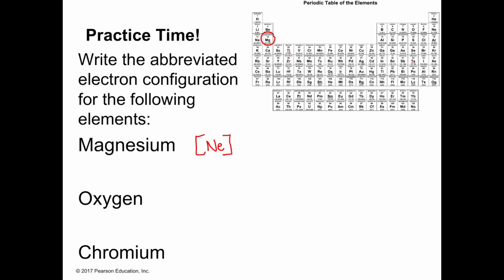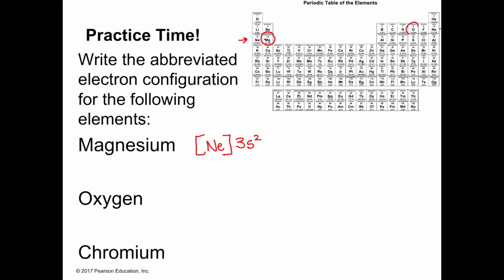So instead of starting at the top left, we're going to start after neon. So we're going to start here, okay? So instead of going 1s2, 2s2, 2p6, all of those electrons belong to neon. So we can start with the 3s, and magnesium is in the 3s, and it's the second one in the 3s, so we get a 2. And we're done. Much shorter.